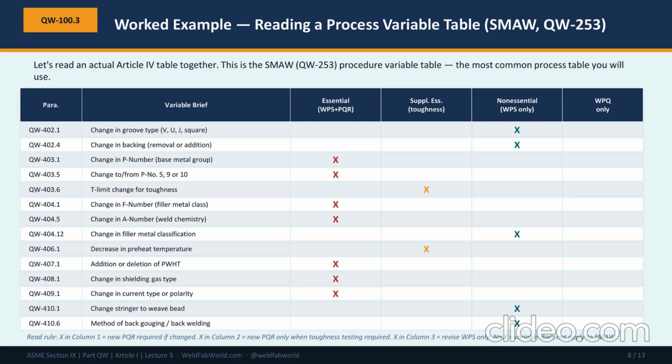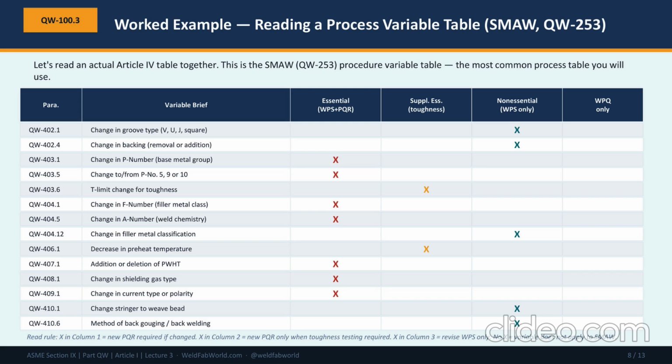QW408.1, change in shielding gas type. Column 1, essential. Wait, does SMAW use shielding gas? No, it does not. Shielding in SMAW comes from flux on the electrode coating. So why is there an essential variable for shielding gas? Look again. The reading rule tells you, blank means the variable does not apply to this process.